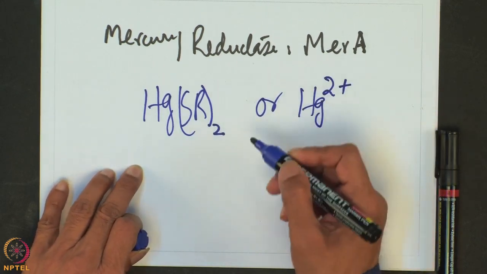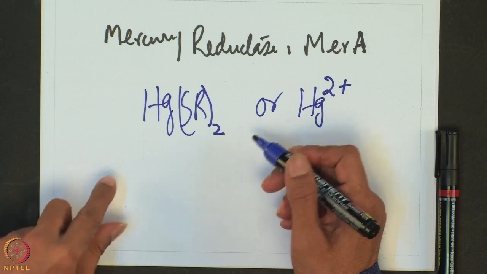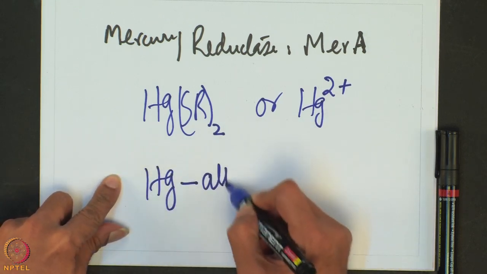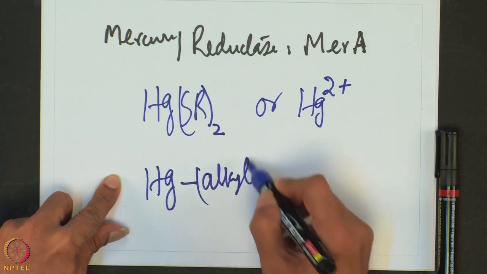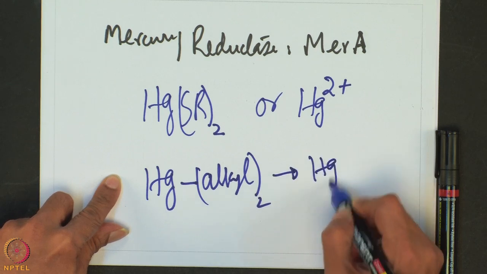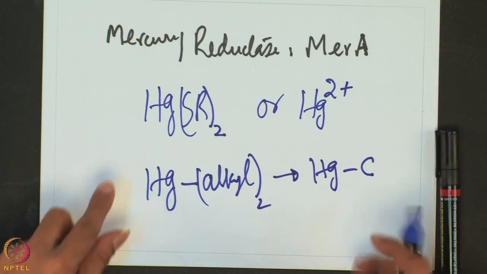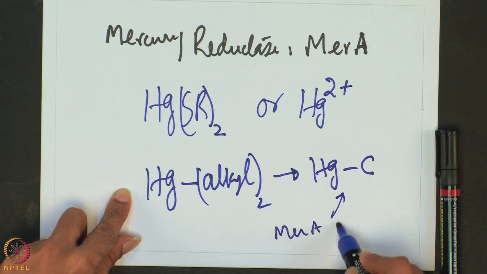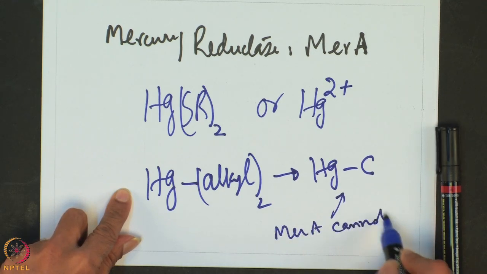But a lot of the mercury in the environment is available as Hg alkyl. It could be twice also. This kind of HgC bond, MerA cannot work on.